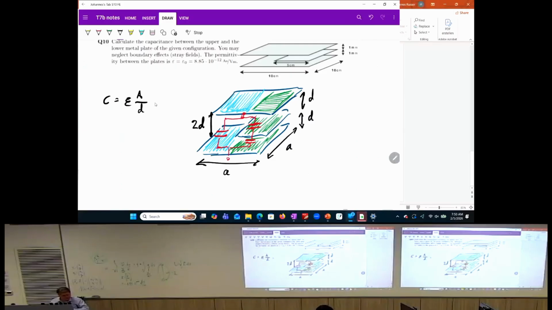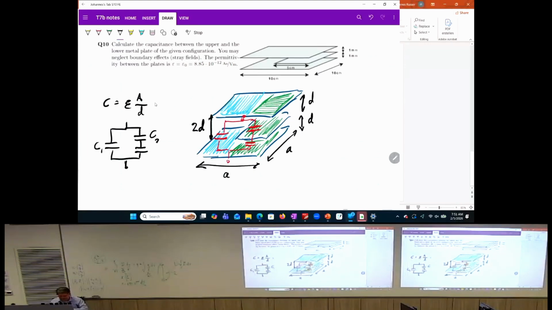And we see that this configuration corresponds to having one parallel plate capacitor and another one and another one. You agree with that? So we can denote these as C1, C2, and C3.